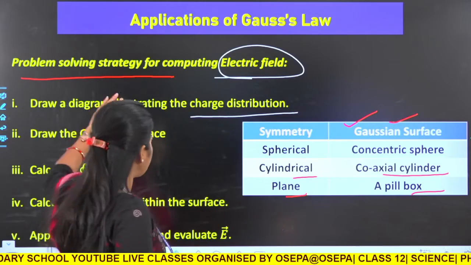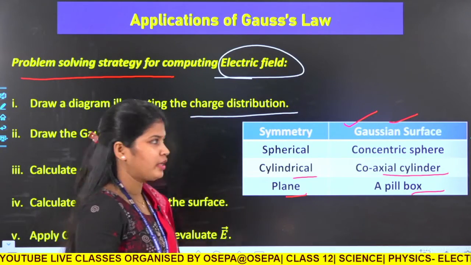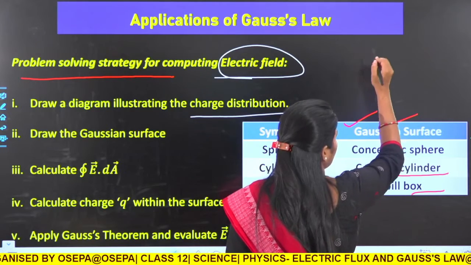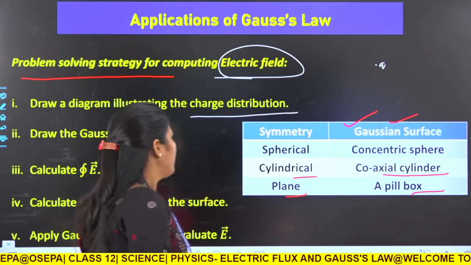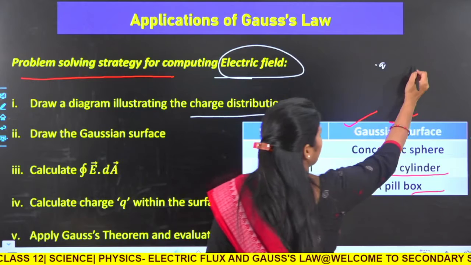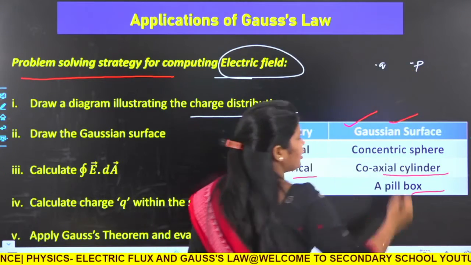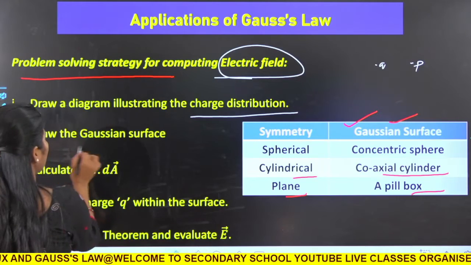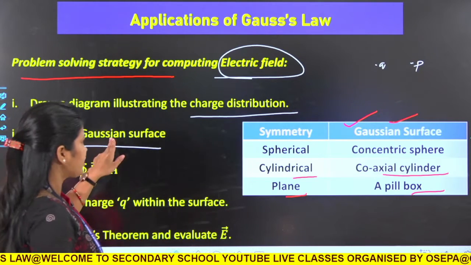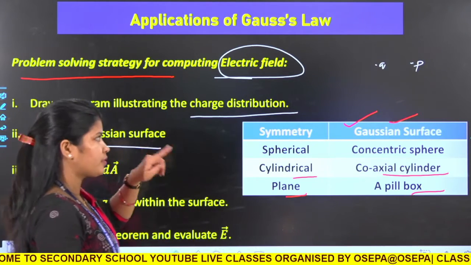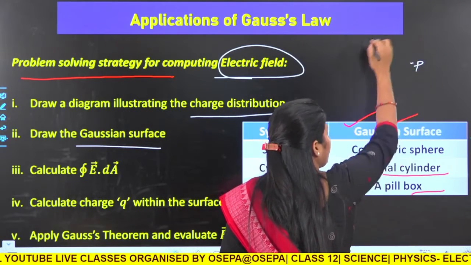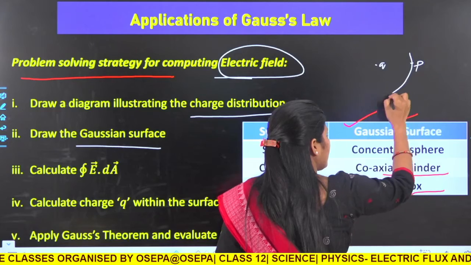Suppose I am drawing a point charge plus Q. I have to find the electric field at point P. Then the next step is to draw the Gaussian surface.